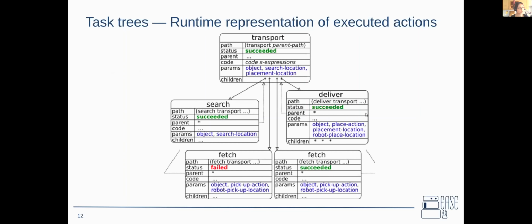And the hierarchy is also preserved in this data structure. We store not only the type of the action, but also the outcome, if the action succeeded or failed, and all the parameter values that were used. For example, when we were fetching the object, with which hand we fetch the object, and so on.